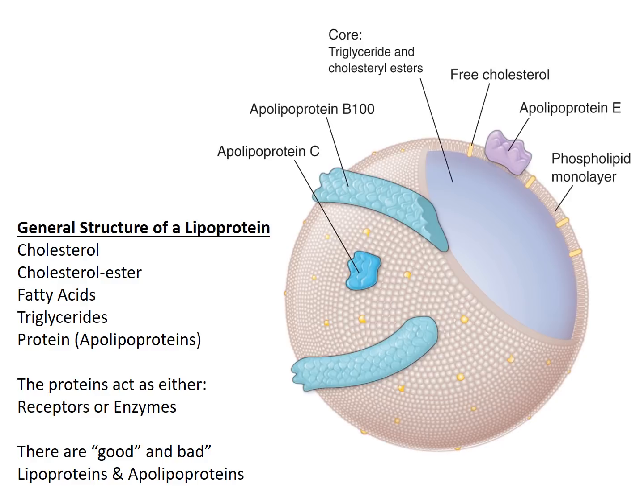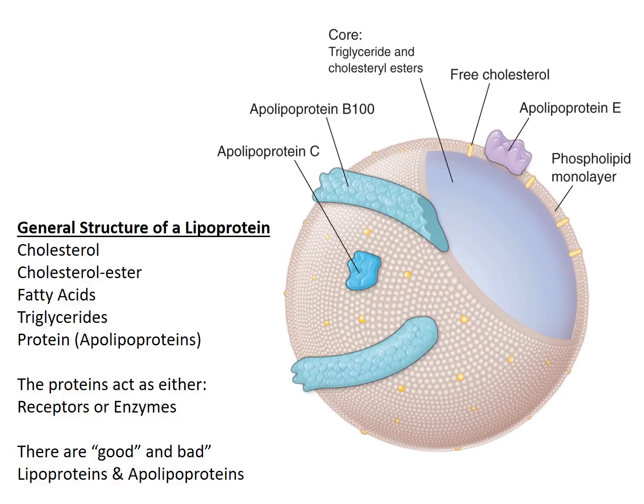And remember, they refer to those proteins as apolipoproteins. Those proteins can act as receptors, which allows them to bind to cells, or those proteins can act as enzymes where they actually break down other molecules. Lipoproteins and apolipoproteins can be good or bad. When I say bad, they are contributing to atherosclerotic plaque.